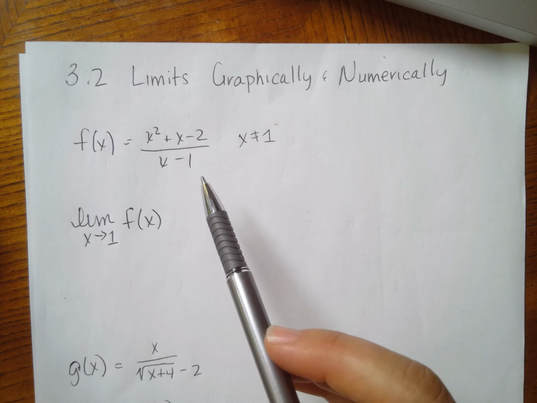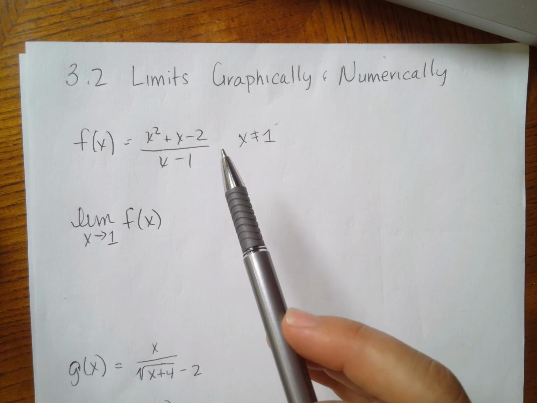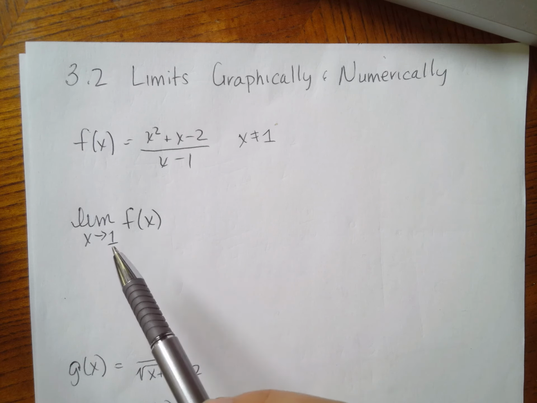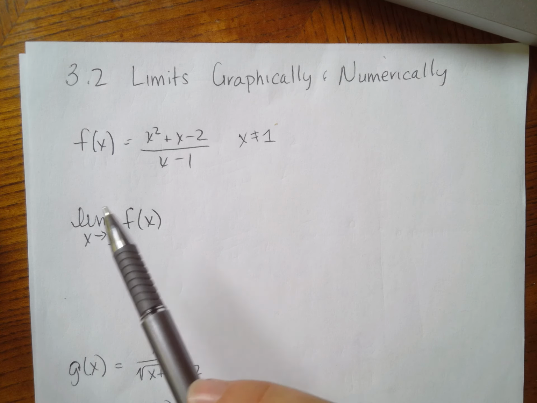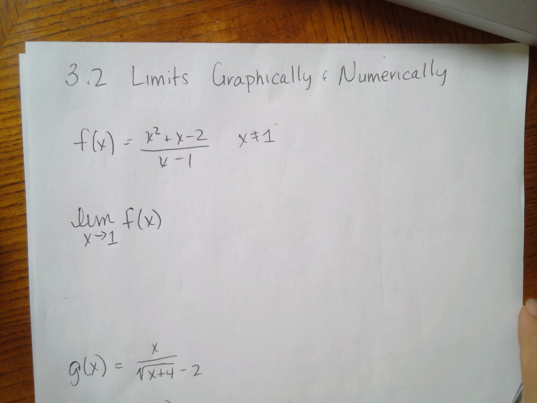What is going to happen around the graph at 1? I know I can't put in 1, but what happens around 1? So that's what a limit is: what is happening with my function as I get really super close to 1 on either side of 1, meaning to the right of 1, like 1.001, and to the left, like 0.999.